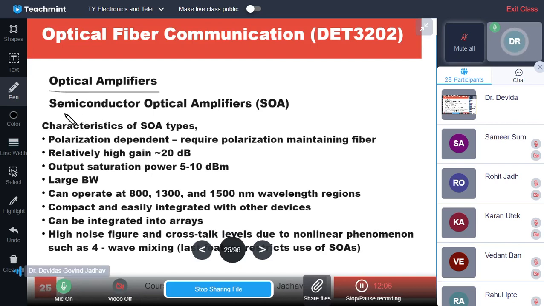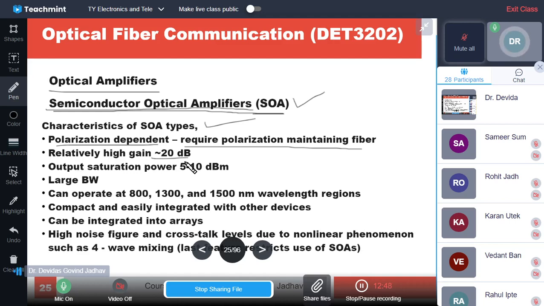So among optical amplifiers, the semiconductor optical amplifier, which we have just checked, is the stimulated emission type of amplifier. The semiconductor material environment creates the stimulated emission effect. Characteristics of the SOA types: they are polarization dependent and require polarization maintaining fiber, so it is very much matched with the fiber, and no disturbance of the original signal is created in terms of polarization. Relatively high gain is achieved, 20 dB, which is very, very high gain.